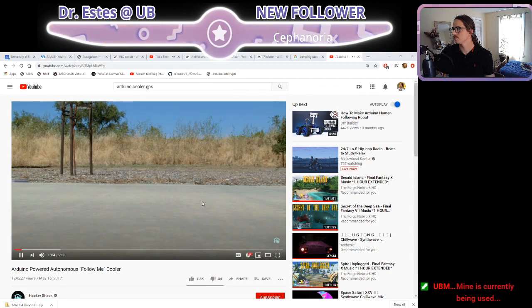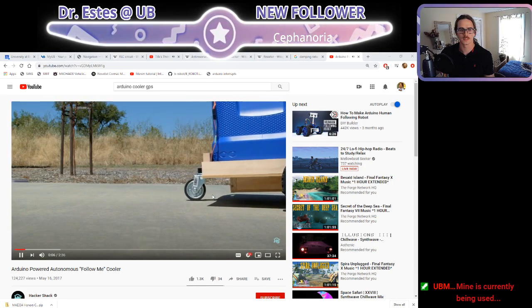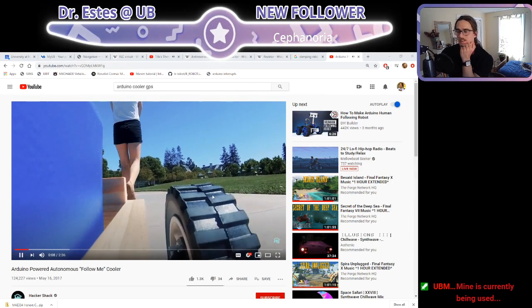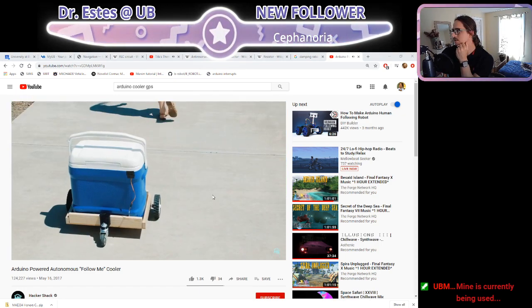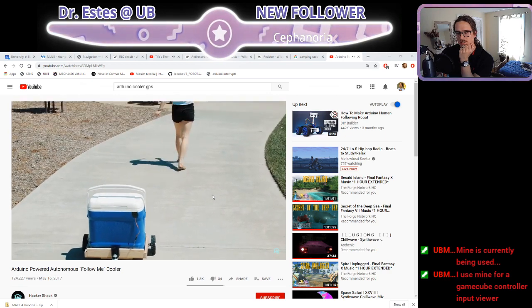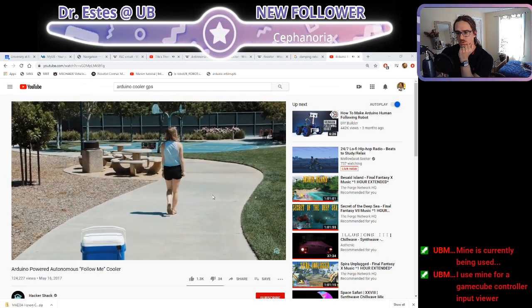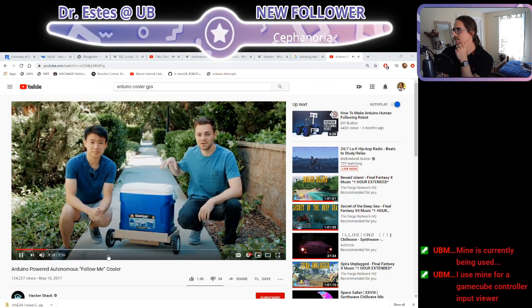What are you using your Arduino for? Arduino cooler GPS. It just follows your phone. Oh, for GameCube controller input viewer. Hey guys, this is our autonomous phone.